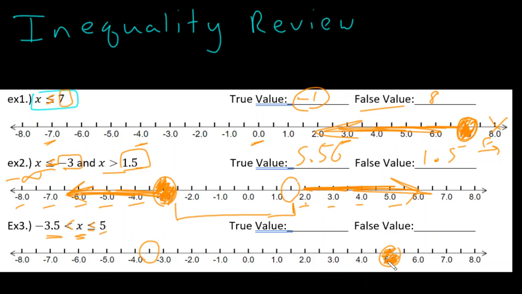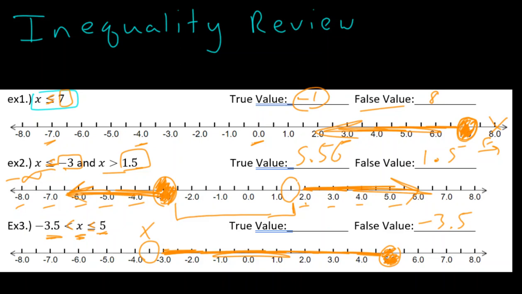Now, when we have set this up so x is in between the two numbers, we are not using the word and, we have this conjunction of solutions. We're actually going to shade everything in between these two values. So we're saying that all of our solutions have to lie in between negative 3.5 and positive 5. And the only exclusion is we know that our solution can actually not contain negative 3.5.